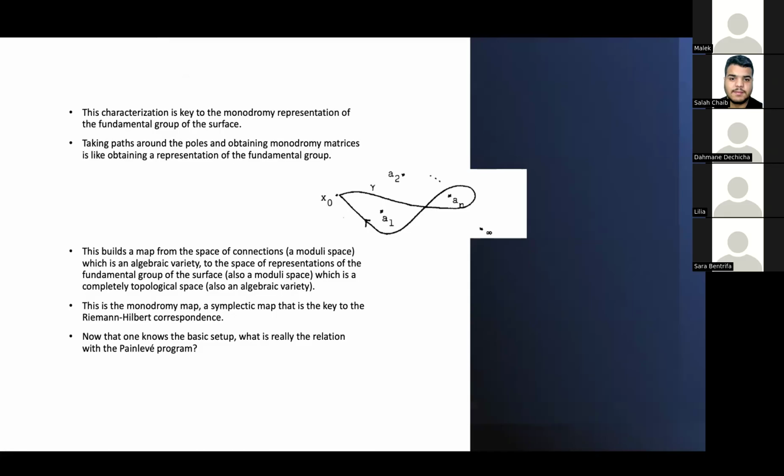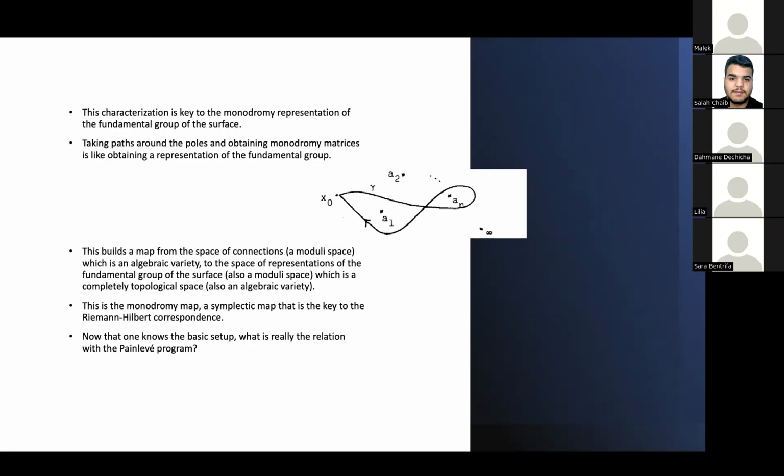And this is super clear because when I get a matrix going around the pole, what I'm going around really are the generators gamma, these loops around the poles. They are really the generators of the fundamental group of the surface. And when I get a matrix from these poles, what I'm also getting is a representation of the fundamental group of the surface. So these monodromy matrices are representations of this fundamental group.